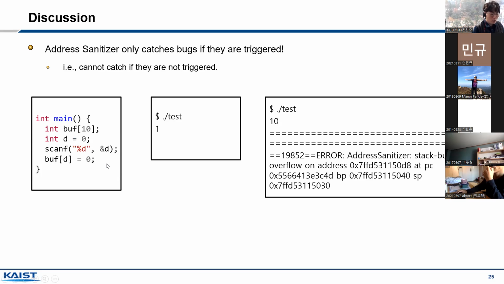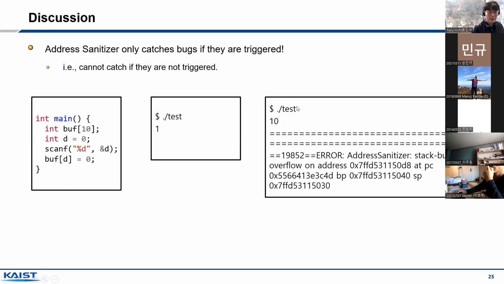But even though we compile our program with the address sanitizer, let's assume that the program is test, and if we give a number that does not cause the overflow, for example 1, even though this program contains the buffer overflow, address sanitizer cannot catch the bug, because address sanitizer is a dynamic analysis tool, so it can only detect bugs if they are triggered.